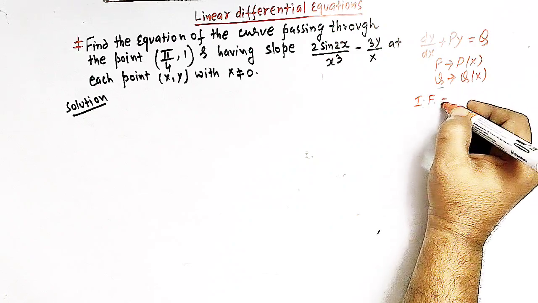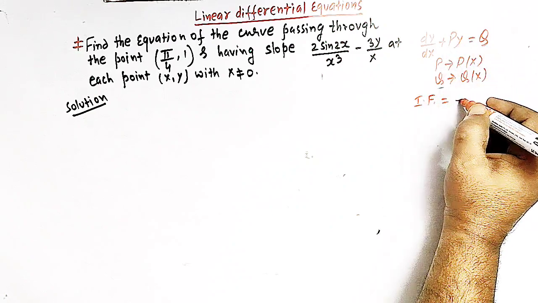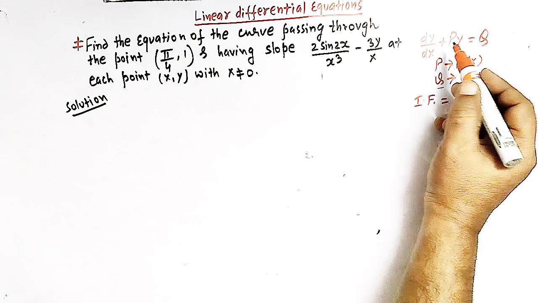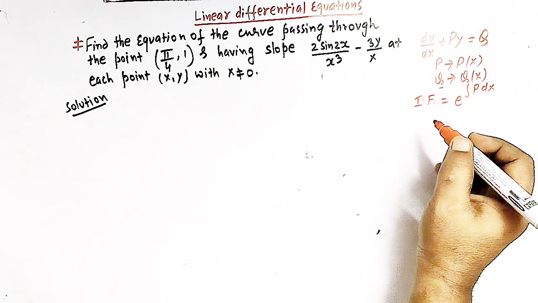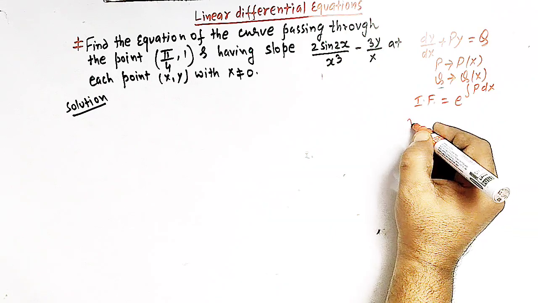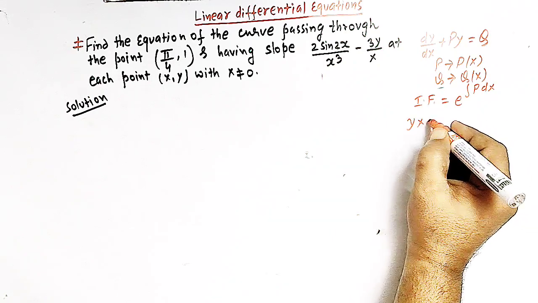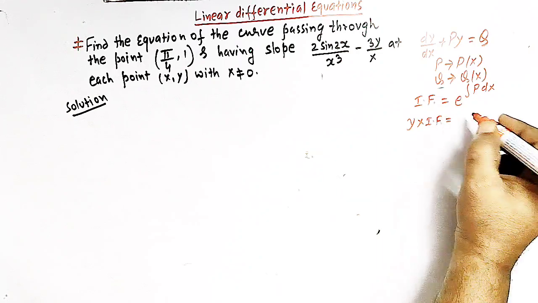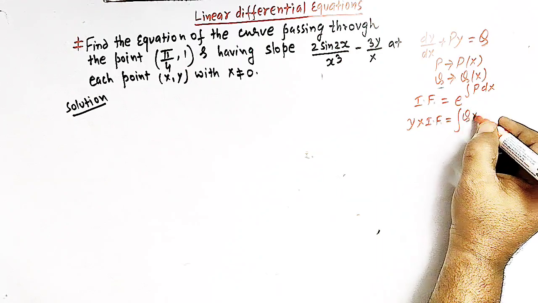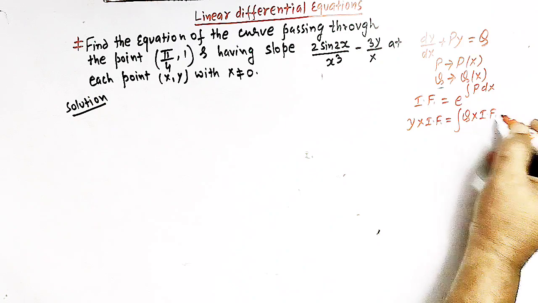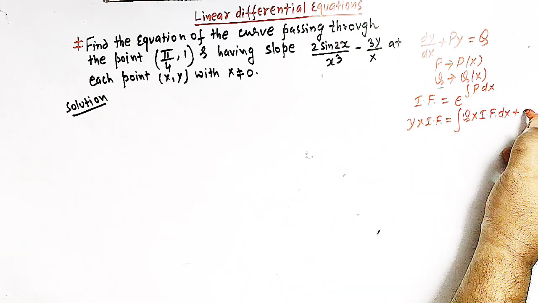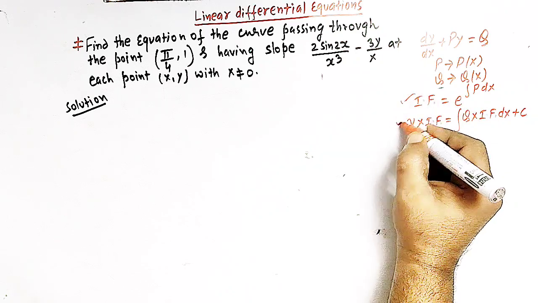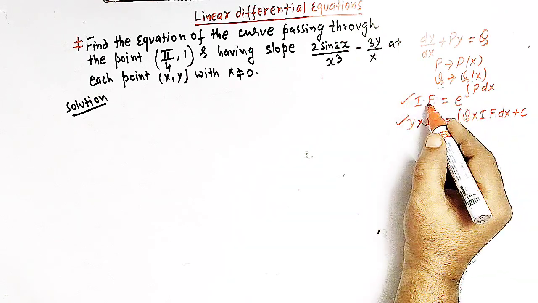So the integrating factor of this type of equation is given by e raised to integral p dx, and the solution of this type of linear differential equation is given by y times integrating factor, that is IF, and then we have integral q times integrating factor, and c is the constant of integration, right? So these two important concepts are there.